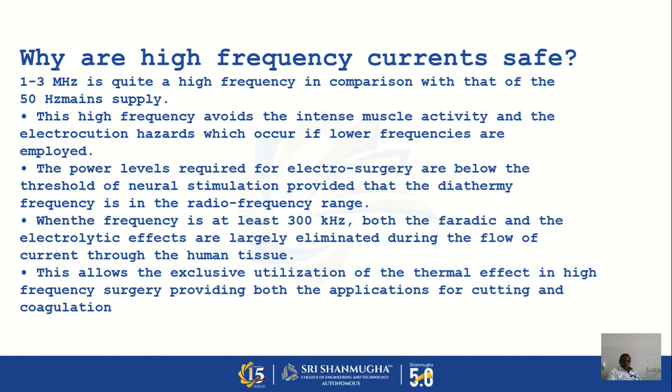So we have to select the radio frequency range for diathermy, and the power level is below the threshold level, so that the nerve stimulation can be avoided. Frequency wise also high frequency, and the power level also low power, below the threshold value, to avoid the stimulation of the nerve. So that's why we are using the high frequency and also low power, and low power means below the threshold value.